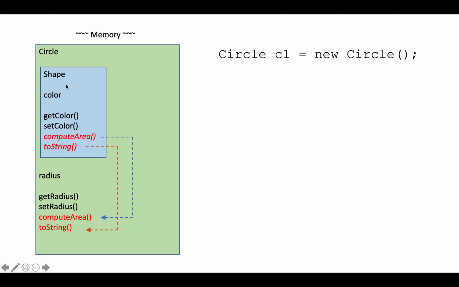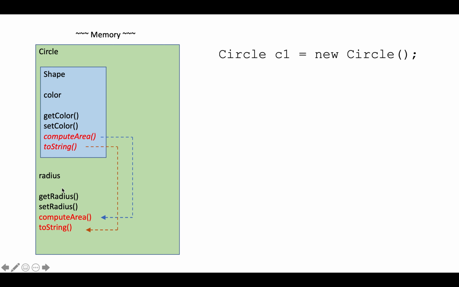Remember, in our video about constructors, we pointed out that when you do this new Circle, it's actually instantiating a Shape behind the scenes. So that's what I've depicted here. This new Circle creates space to have this whole Shape object, and it also creates space to store all these Circle-specific things like radius, getRadius, etc.